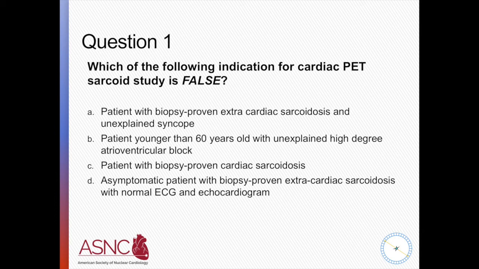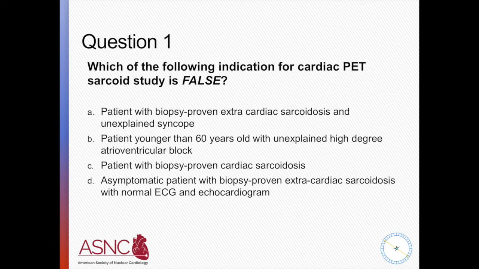Absolutely. So if we move to option B, those patients younger than 60 years old with unexplained high degree AV block, I think we already discussed a little bit on this. One of the most common findings in these patients is the presence of conduction abnormalities. So in a patient that is young, who has an unexplained high degree block, I would be really concerned about the presence of cardiac sarcoid.